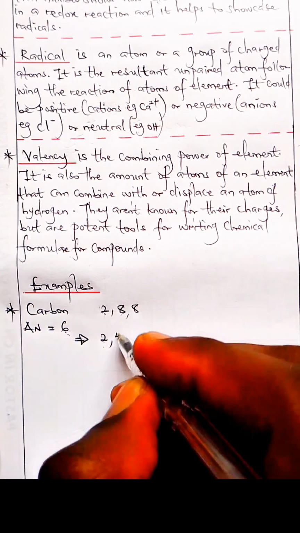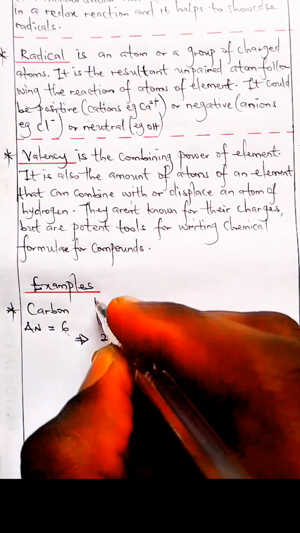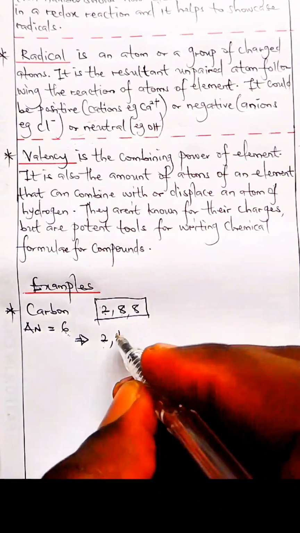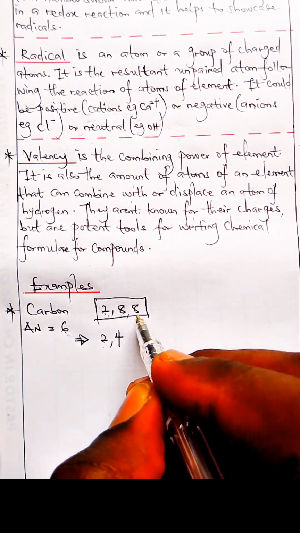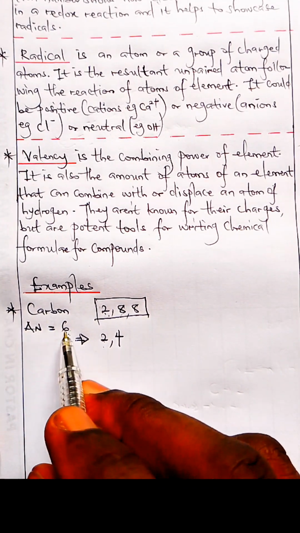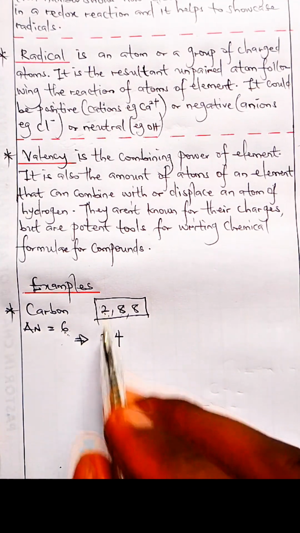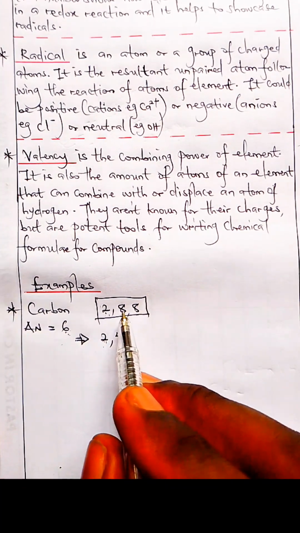So the second shell will take 4 electrons. Don't forget that the standard is 2, 8, 8. For carbon, the first shell has 2, which is balanced, but the second shell has 4, which is not balanced; the second shell should be 8.